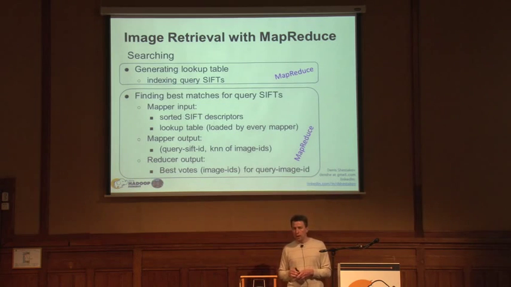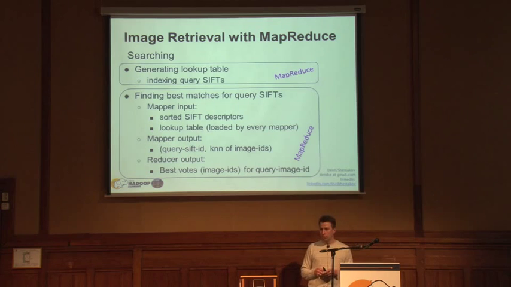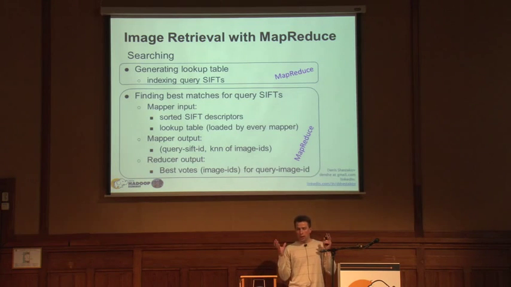Right? Then the searching phase consists of two MapReduce jobs. First of all, we need to generate a so-called lookup table. The lookup table represents query SIFTs for our query batch. In our query batch, we have lots of images.